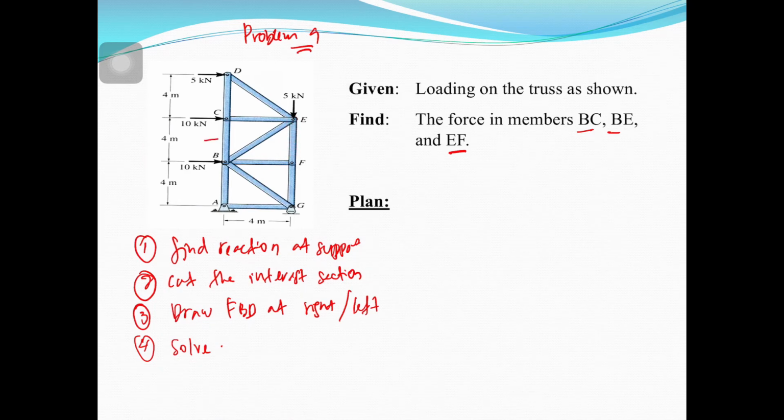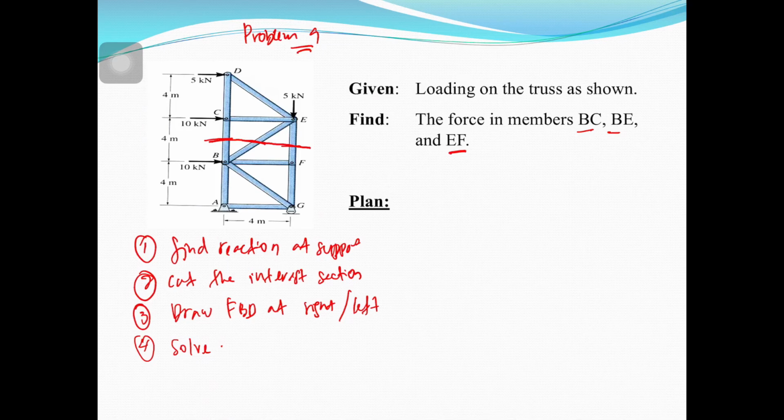So you cut BC, BE, and EF. So you cut this one. The cut region is not necessarily a straight line. Let's say you want to find other members, you can also cut like this.